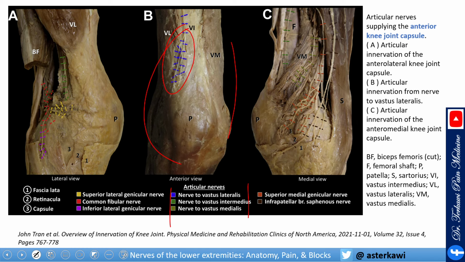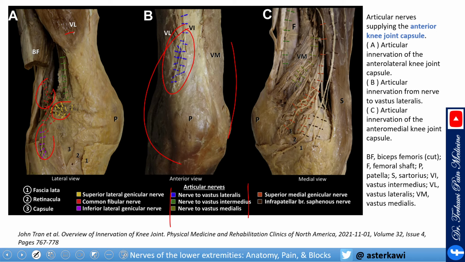If we look at the lateral view here, you see there is a superior lateral genicular nerve. You see the common fibular nerve, and you see the inferior lateral genicular nerve with a branch of the nerve to vastus intermedius.